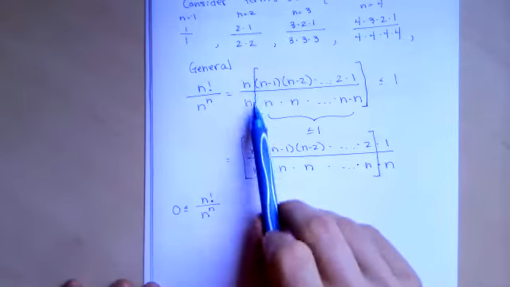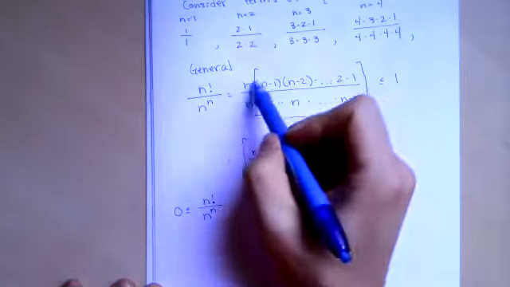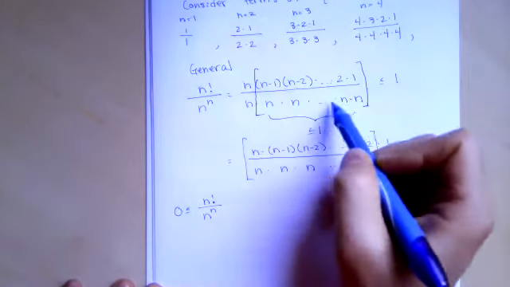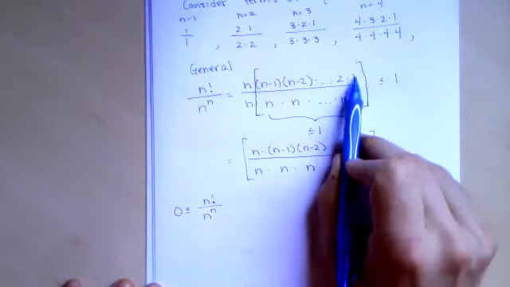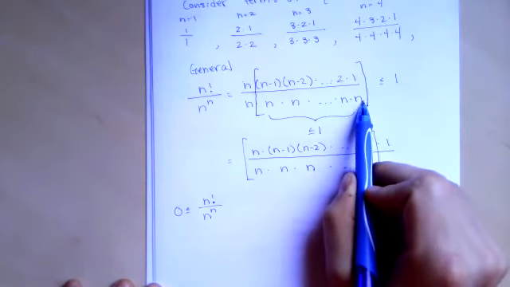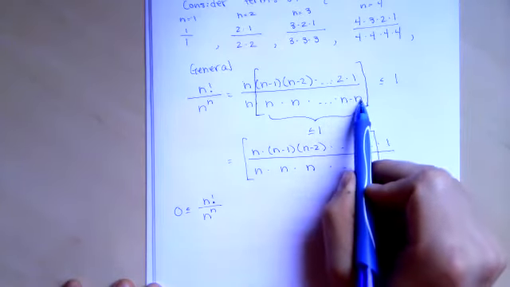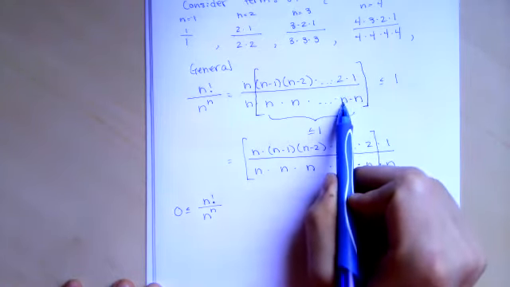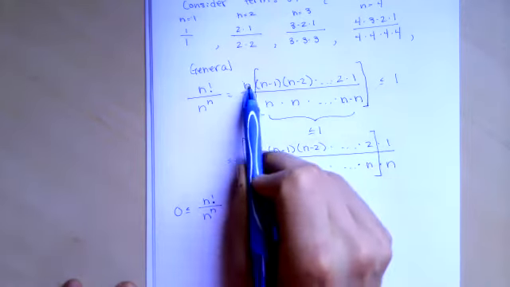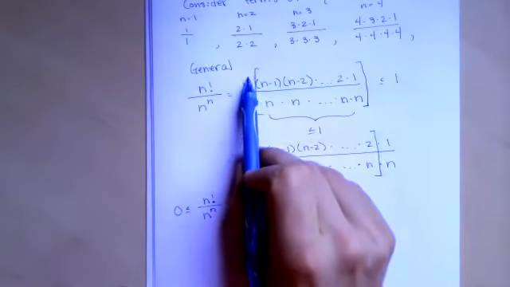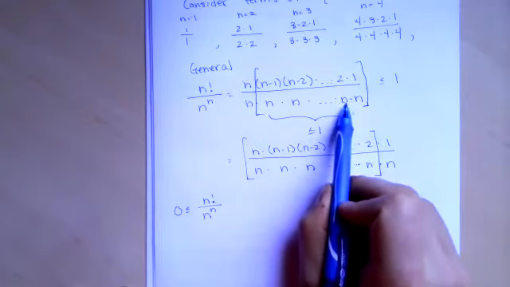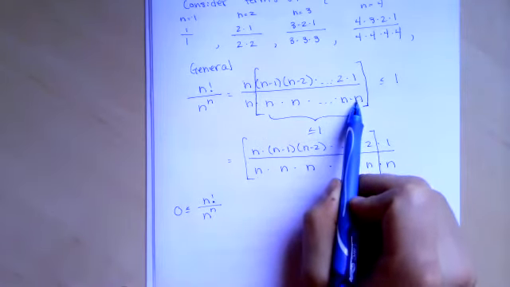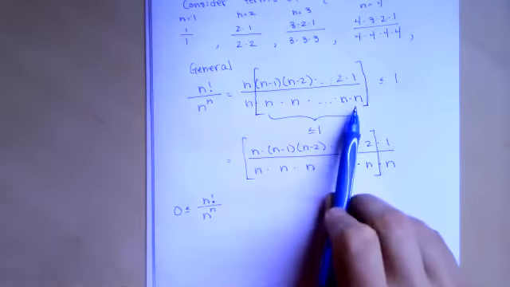From looking at the sequence, I know that the bottom's always going to be bigger than the numerator. And in particular, if you look at these n terms, this is like 1 over n. And as n goes to infinity, 1 over n is going to go to 0. Likewise, 2 over n going to infinity is going to go to 0. These terms up here, n over n, are going to go to 1. But still, we'll have something like 1 times 1 over infinity. So we should suspect that it goes to 0.